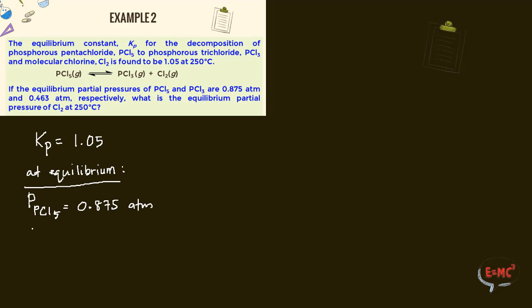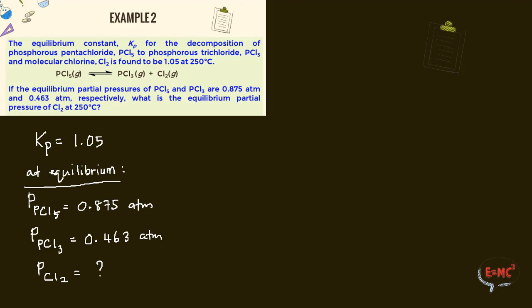The partial pressure of phosphorus trichloride, which is 0.463 atm. The unknown partial pressure of the reacting species goes to the partial pressure of chlorine gas. So yang ini yang kita tak tahu.